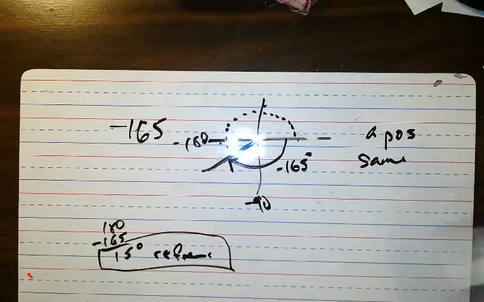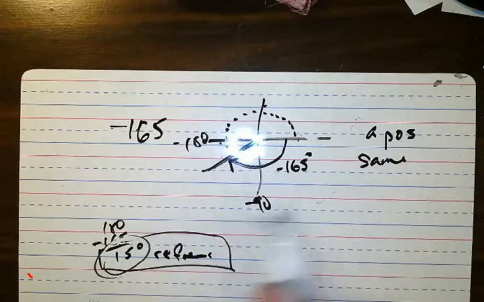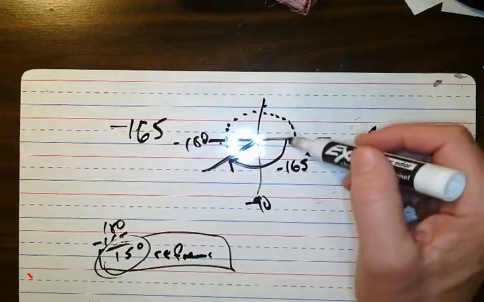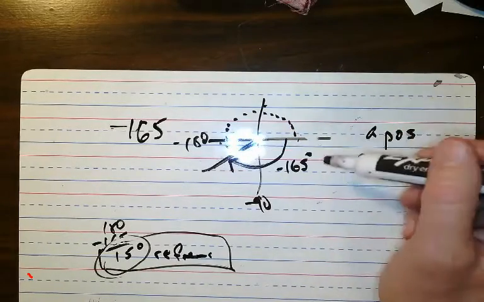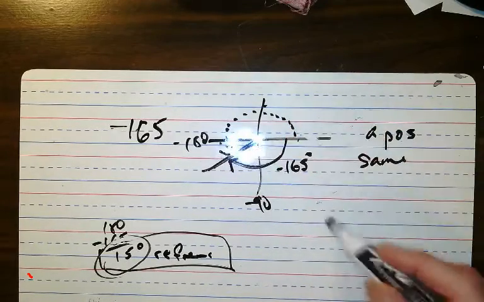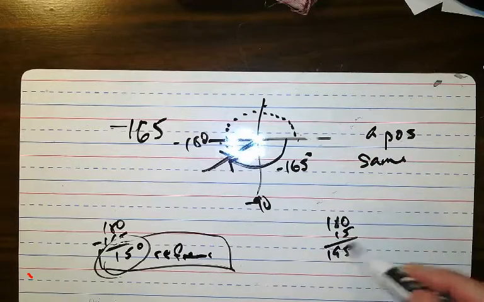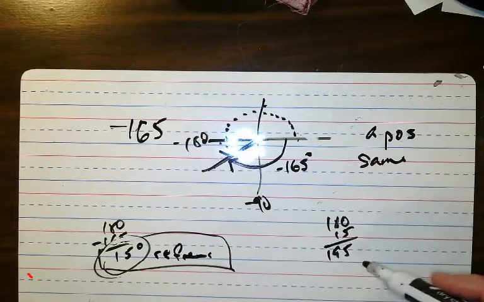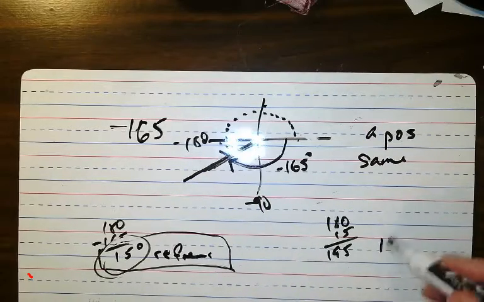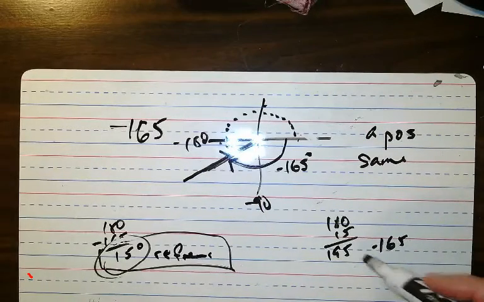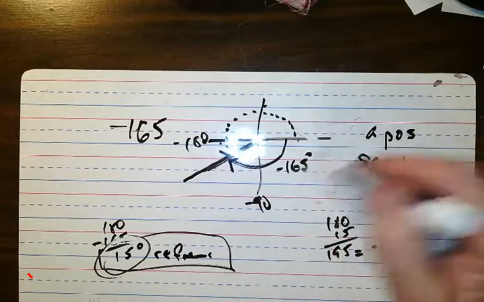Well, since I know what the reference angle is, all I have to do is go 180 plus 15, and I'm going to land on the same place. So 180 plus 15 would be 195. 195 would land on the same line as negative 165. These land in the same place.